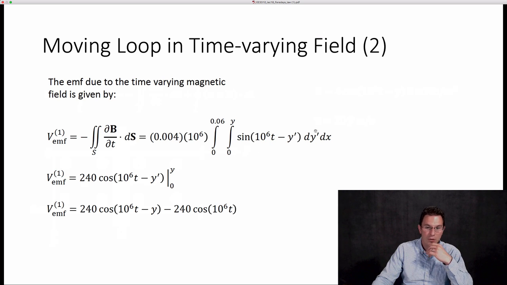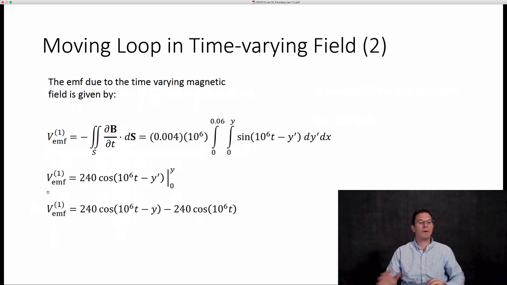The integration over x just gets you a factor of 0.6, and the integration over y gets you this cosine of 10 to the 6 t minus y prime term. We evaluate that from 0 to y. And this is an expression then for the EMF due to the fact that the B field is varying with time.